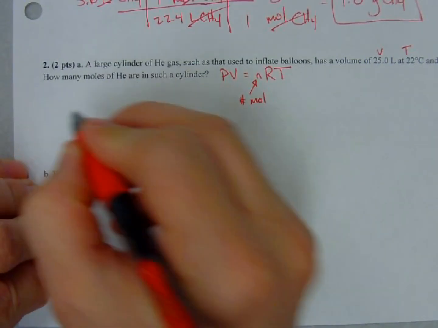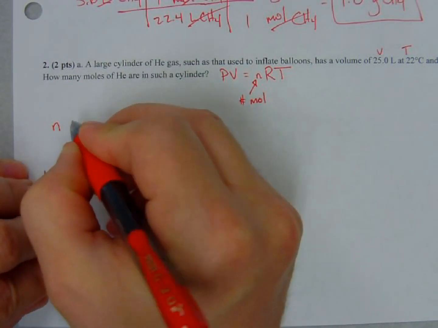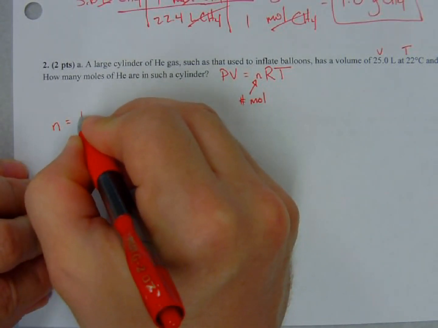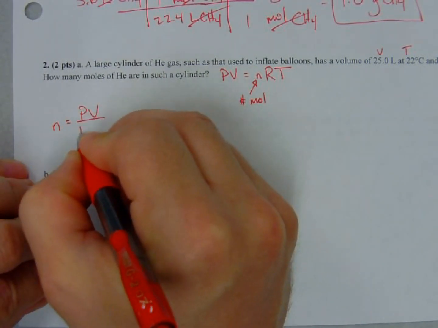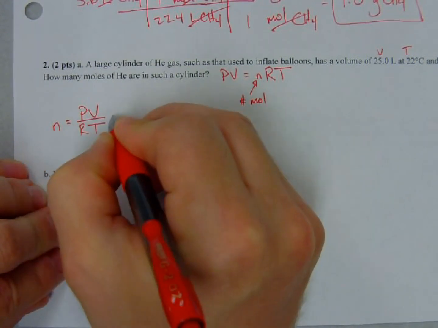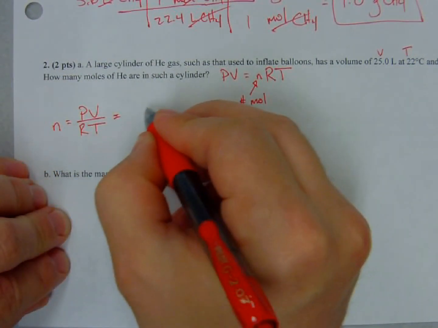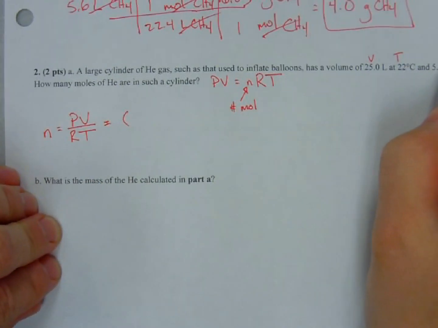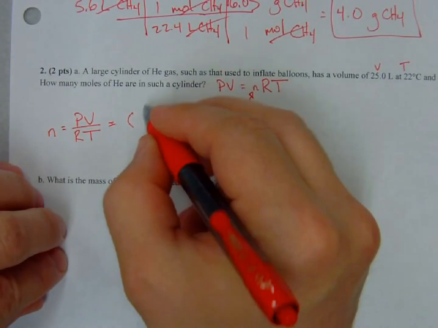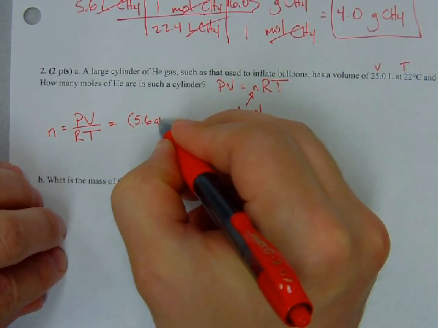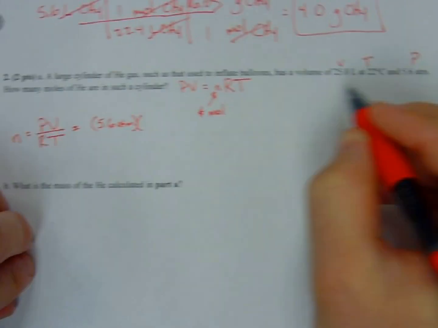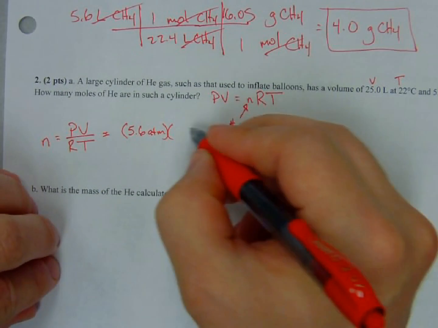Now we have to rearrange the equation to solve for n, and that will look like PV over RT. So let's plug some stuff in and get this solved. What's my pressure? 5.6 atmospheres. What's my volume? 25 liters.